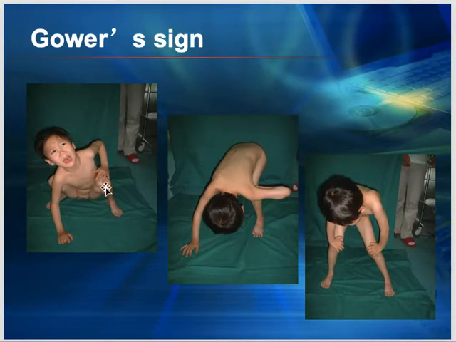Their muscles become so weak that when they want to get up from this position, they climb up their own body. See, this boy is using his hands to support his body weight. So they climb up when rising from the floor to the standing position.